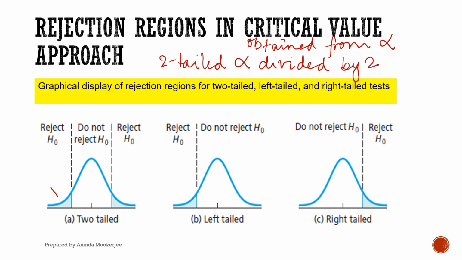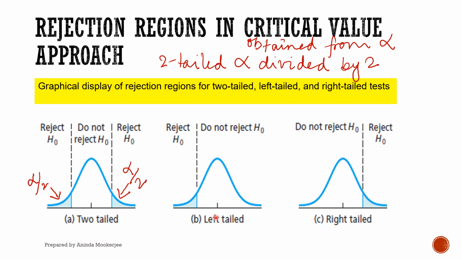So the area of the reject regions in the two-tailed tests will be alpha by 2. However, the actual critical values are going to be z of alpha by 2 or t of alpha by 2, depending on which test we are performing.